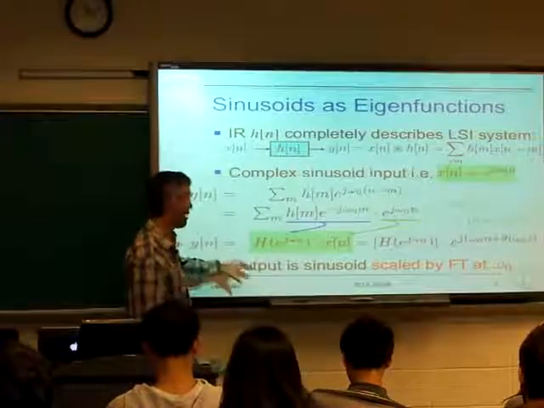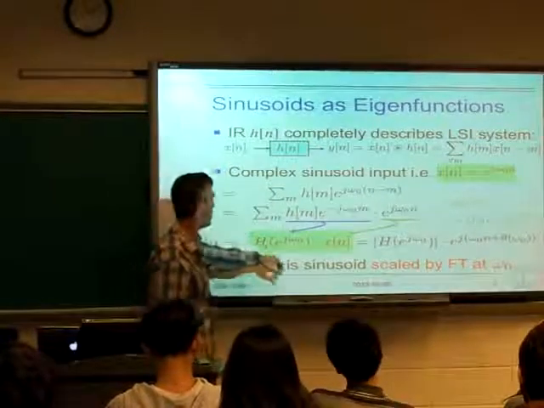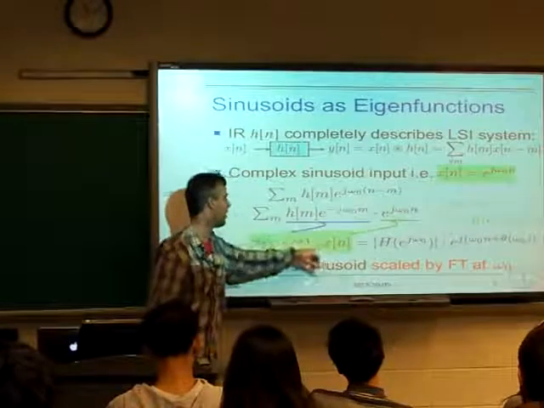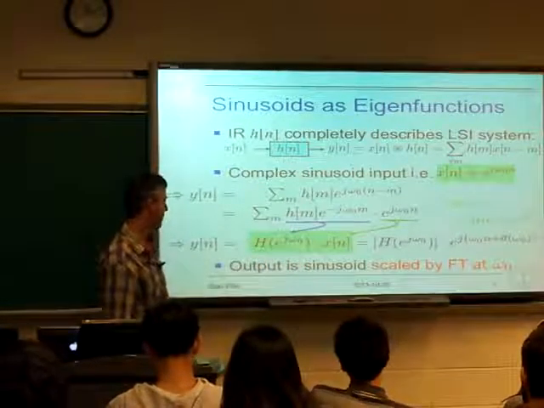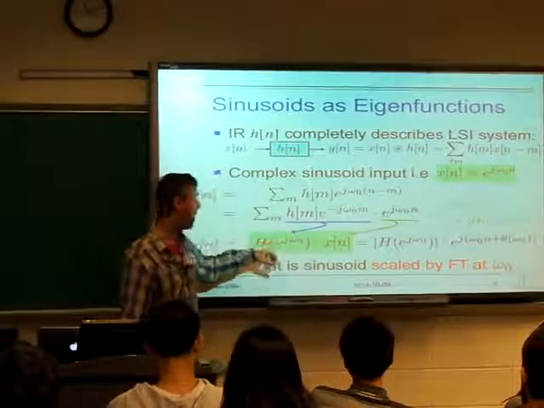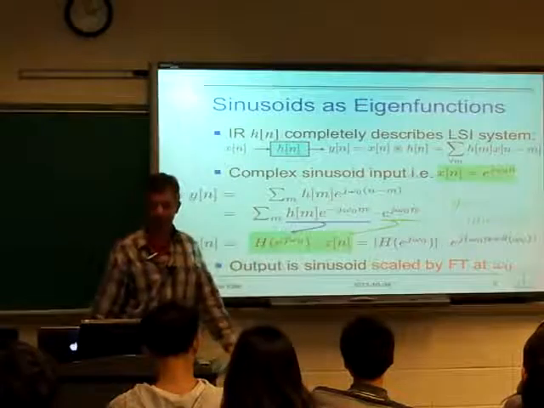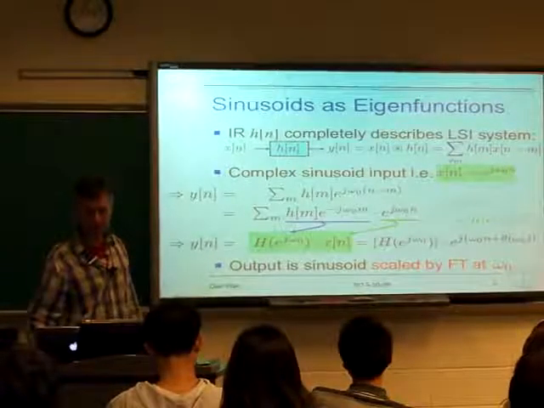And so that's what eigenfunction means, right? That we put one of these eigenfunctions in. All we got out was the same eigenfunction scaled by some complex constant here. And in particular, our eigenvalues here are the values of the Fourier transform of the impulse response.